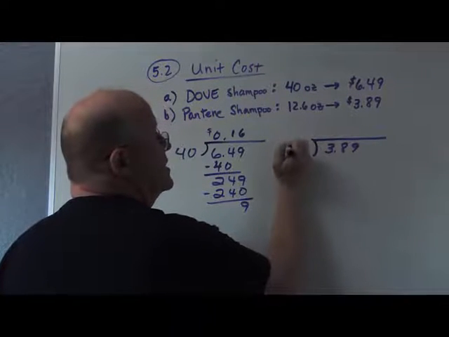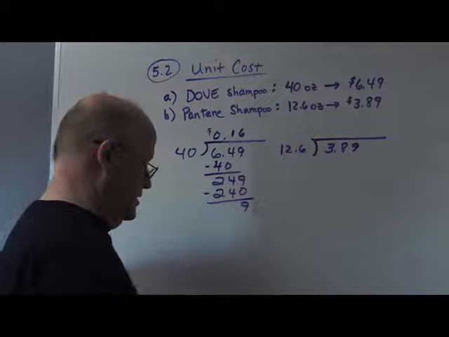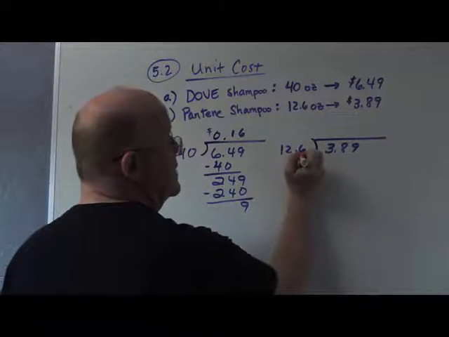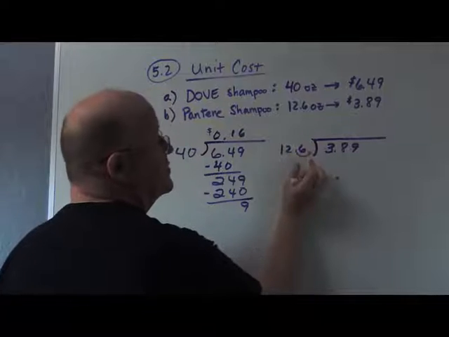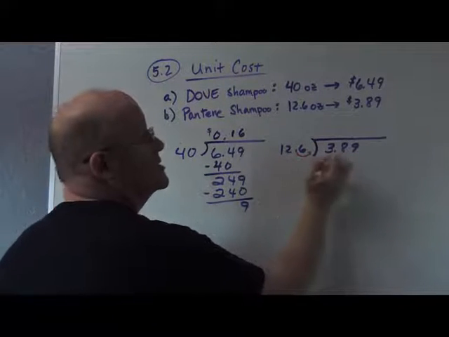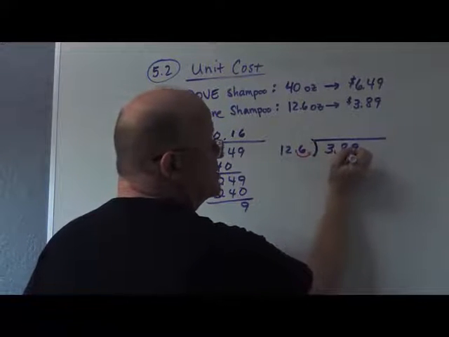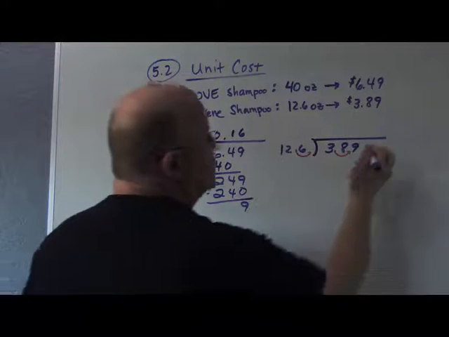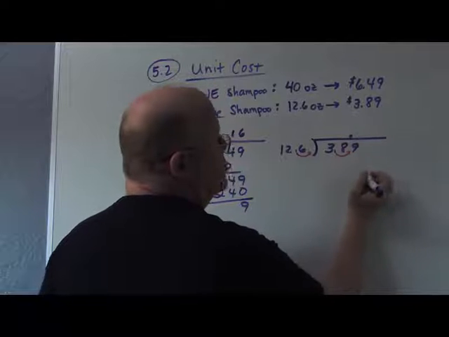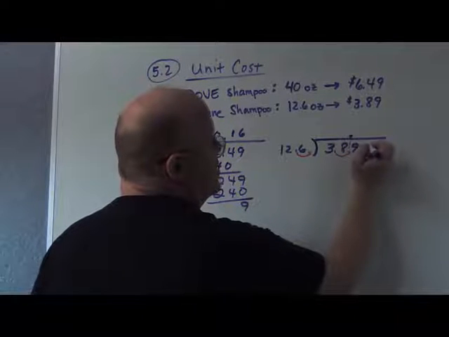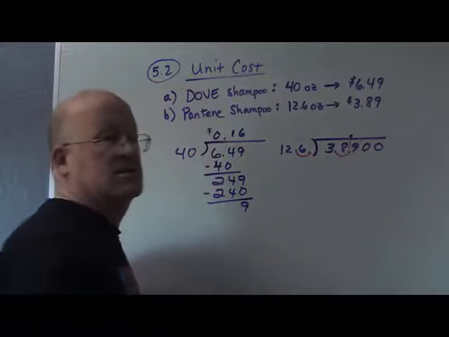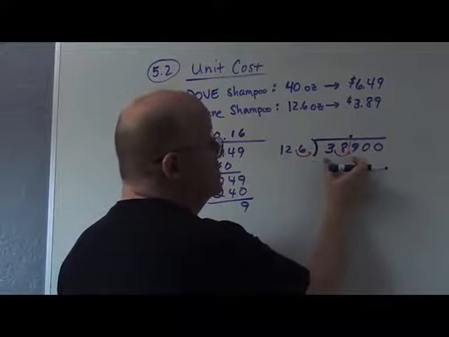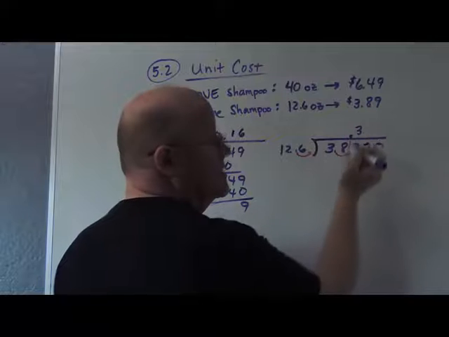$3.89 being divided by 12.6. Well, we're not allowed to divide by a decimal, so we have to move the decimal one place over and treat that as 126, and move this decimal over also and treat that as 38.9. And I will move that decimal up through the division bar and put a couple of zeros in there just in case we need them. 126 goes into 389 three times.